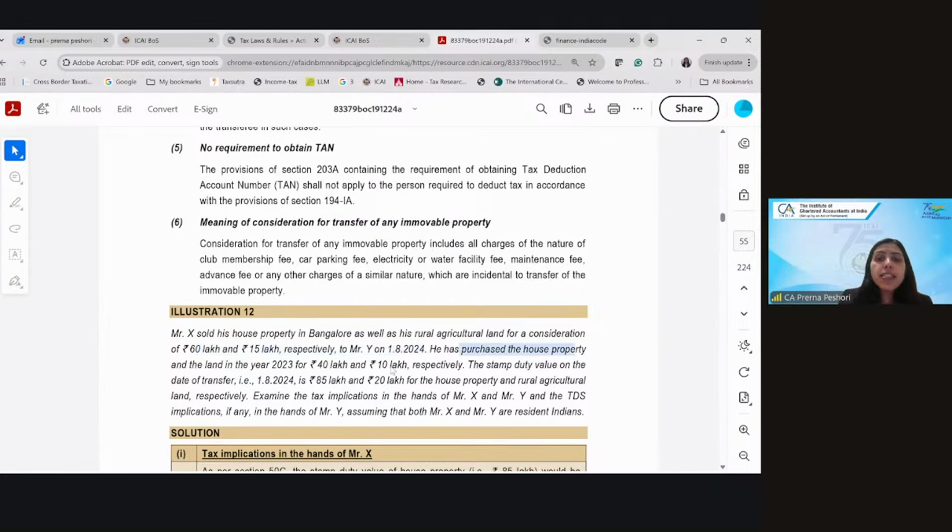He had purchased the house property and the land in the year 2023 for 40 and 10 lakh respectively. The stamp duty value on the date of transfer, 1/8/2024, is 85 and 20 lakh for the house and rural agricultural land respectively. Examine the tax implication in the hands of Mr. X and Mr. Y and the TDS implication in the hands of Mr. Y, assuming both are resident Indians.